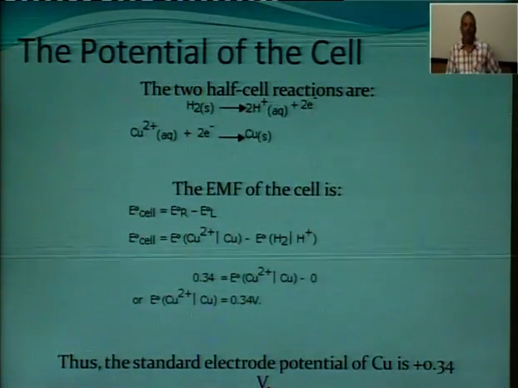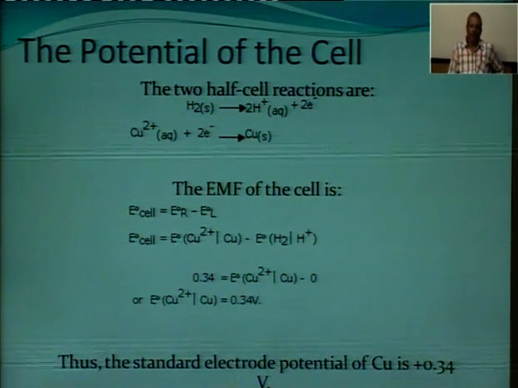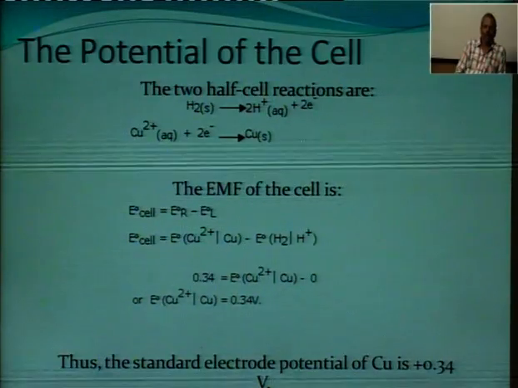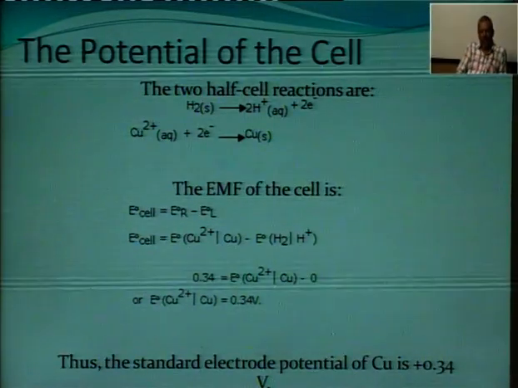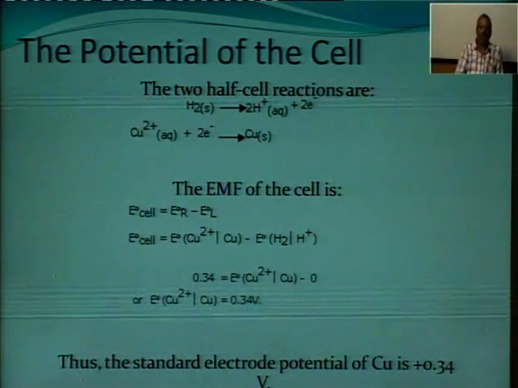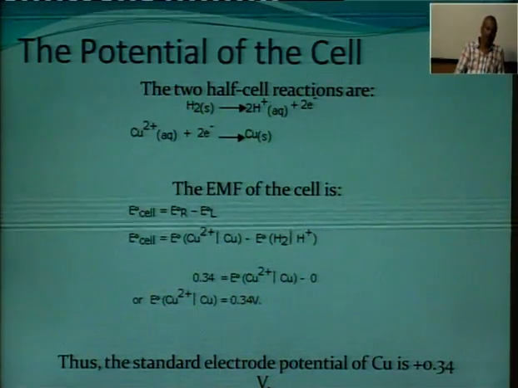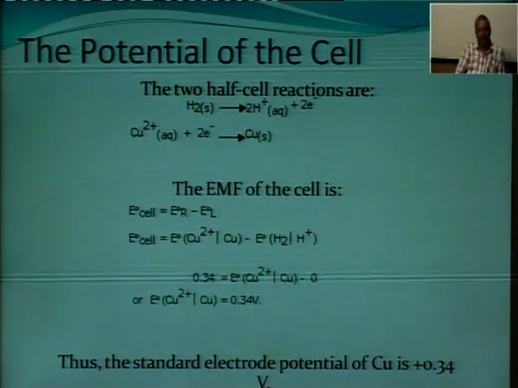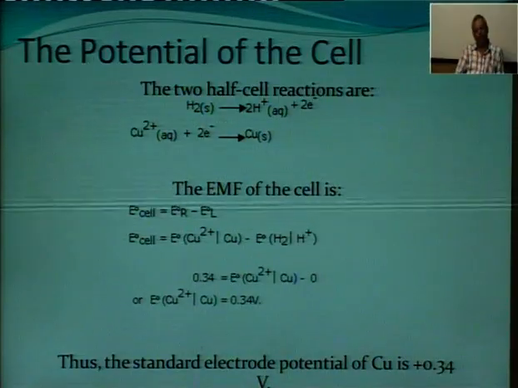The two half cell reactions are hydrogen gives 2 hydrogen plus ions in the aqueous and it loses the 2 electrons. These 2 electrons are accepted by the copper 2 plus ions and it forms the copper solid.